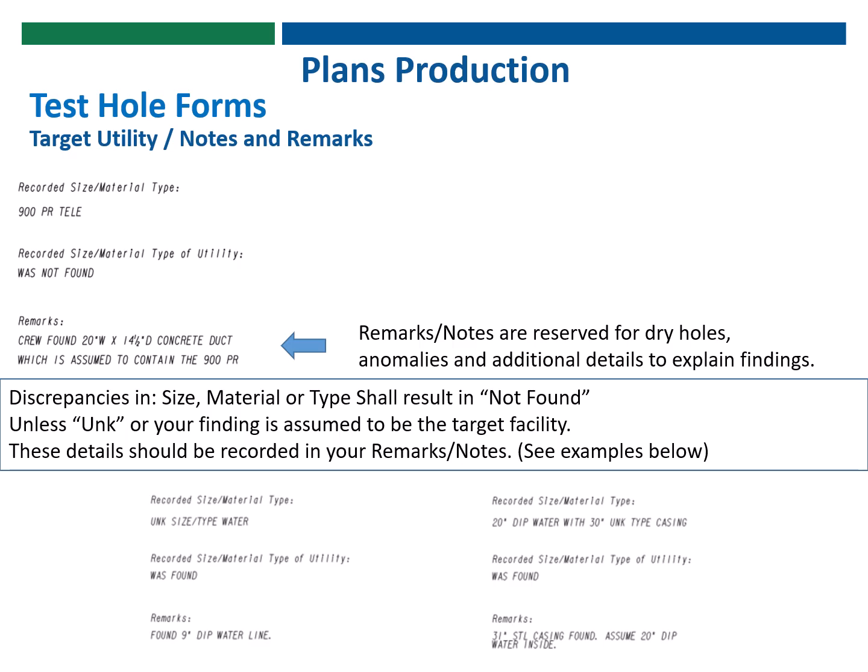In the bottom right hand example, a 20-inch ductile iron water with a 30-inch unknown type casing was the targeted facility. The remark section states that a 31-inch steel casing was found, and they assumed that the 20-inch ductile iron pipe water line was inside of the steel casing. The facility was found because they found the steel casing that was recorded for the targeted facility.